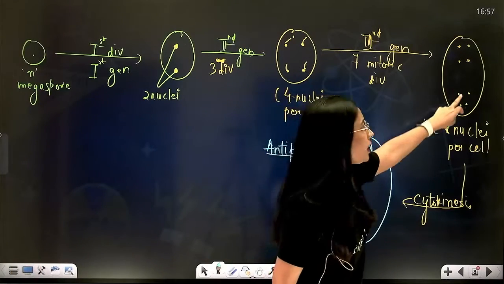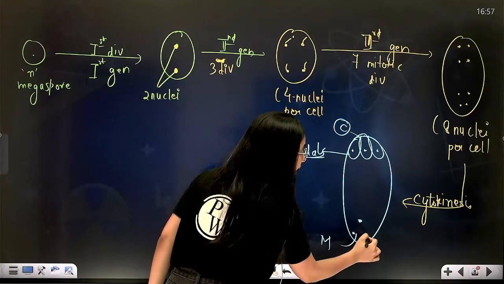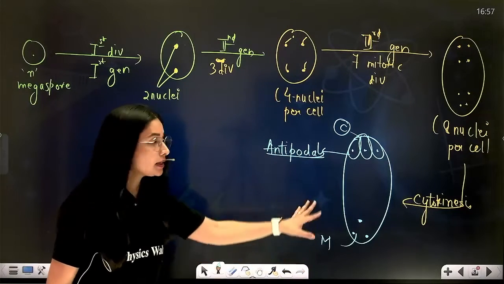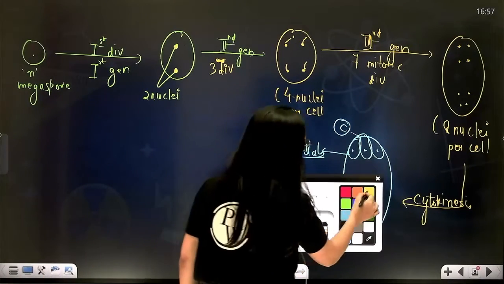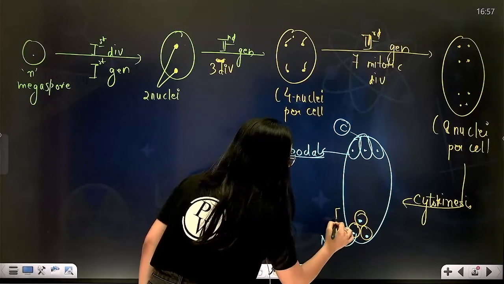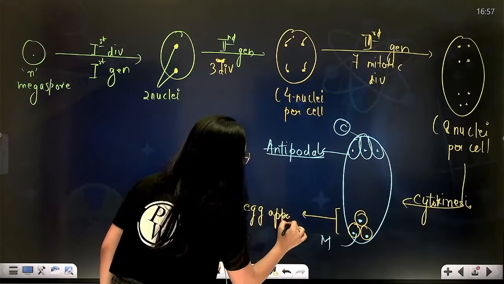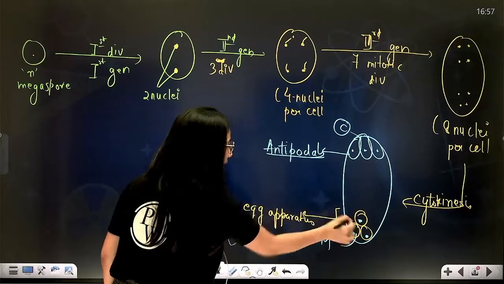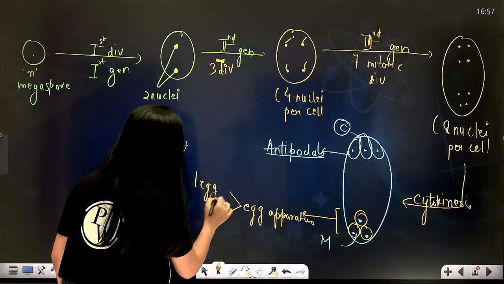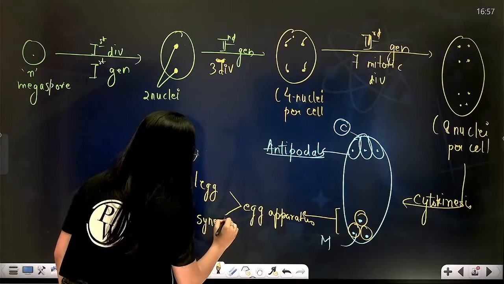Right? 3 out of the remaining will come at the base, that is towards the micropyle, with respect to the diagram. And they are going to undergo cytokinesis. The nuclei will separate as cells. Together they are known as the egg apparatus. So how many cells are there now? 6. The egg apparatus consists of one egg, the upper one, and 2 lower ones called synergids.